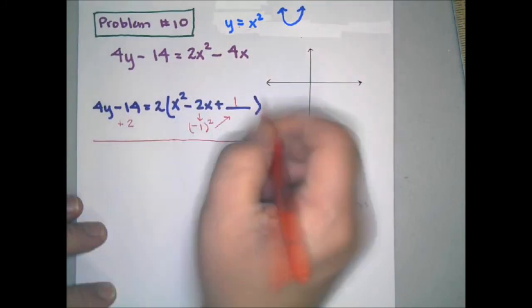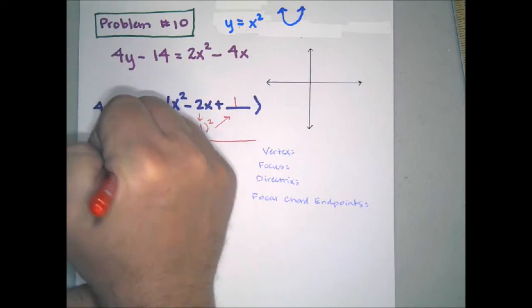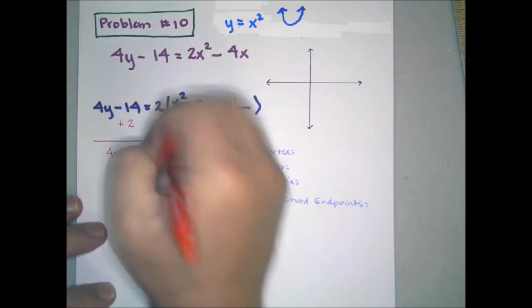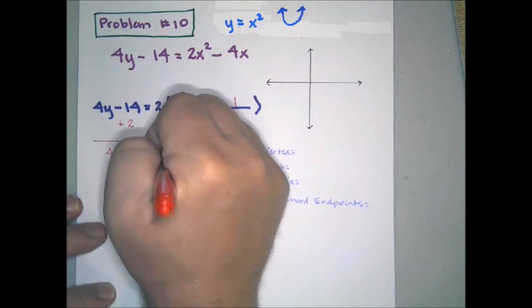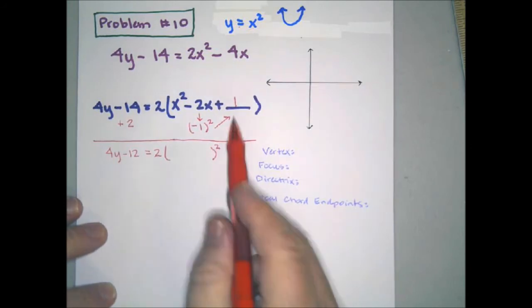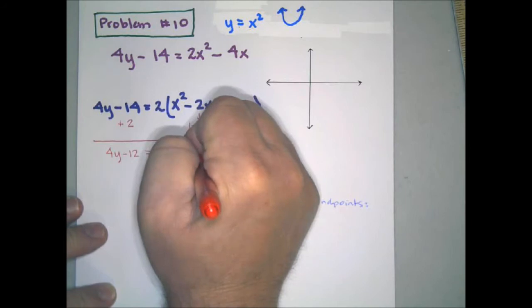Now, the next step would be 4y minus 12 equals my leading coefficient that I factored out, and then the perfect square that I just created. And that perfect square is x minus 1.